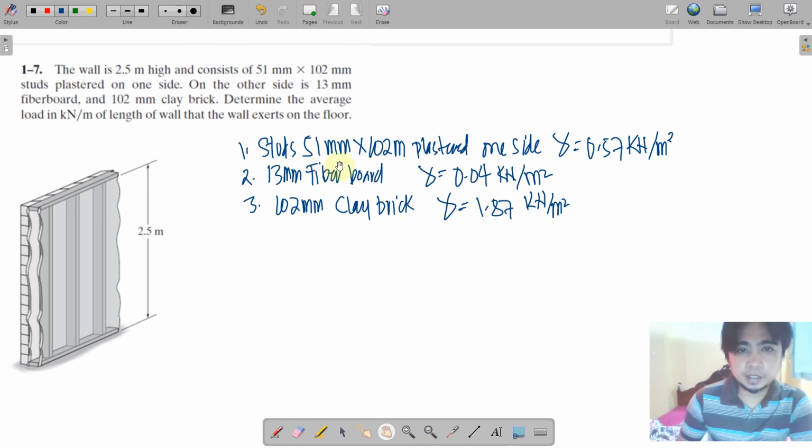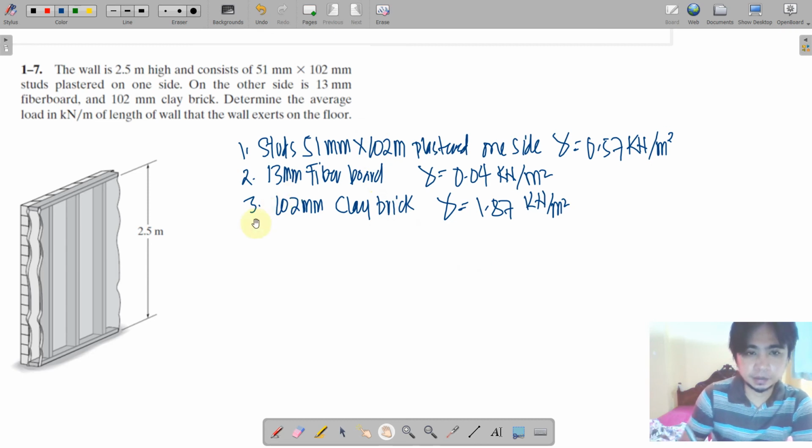For the stud plastered on one side, all we have to do is multiply this by the height. All will be multiplied by its height.